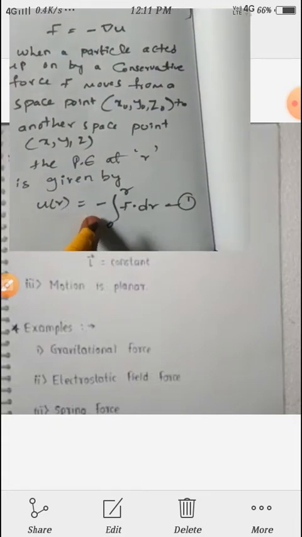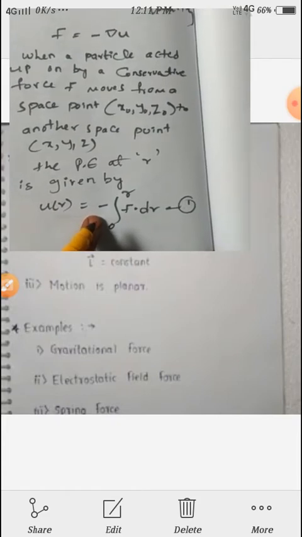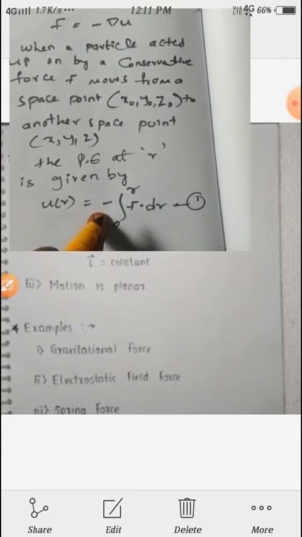Here the negative sign indicates a particle moving away from the origin.